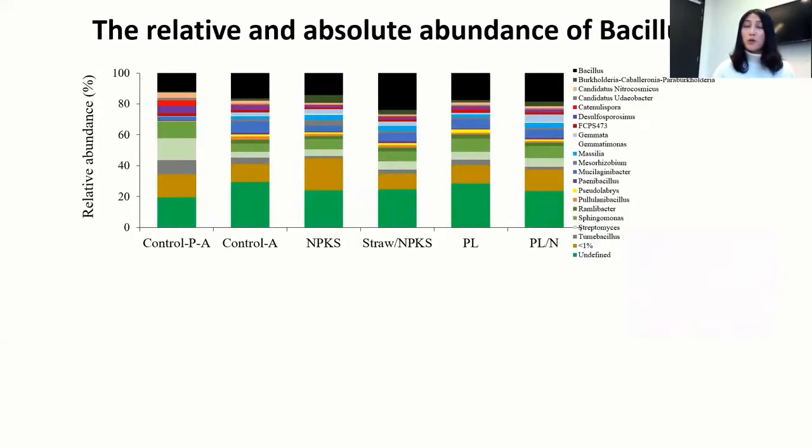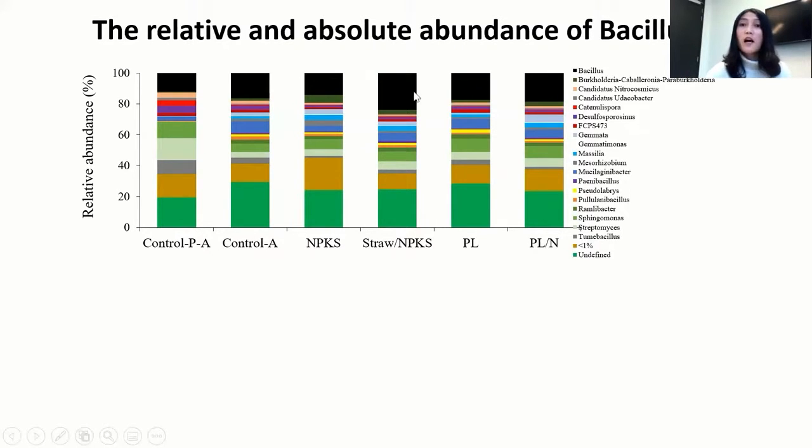We did extract microbial DNA and we did the sequencing for bacteria, and this figure shows the relative abundance of bacteria at genus level. And you can see Bacillus, which is a well-known genus consisting of many strains of plant beneficial bacteria, is dominant in this soil.